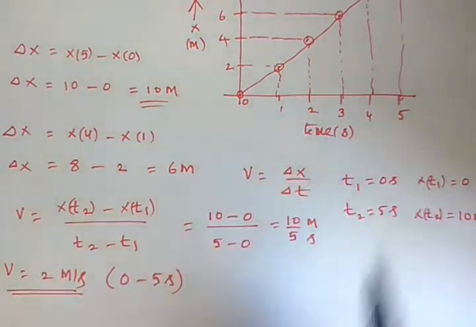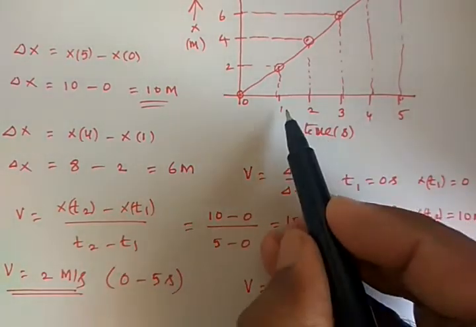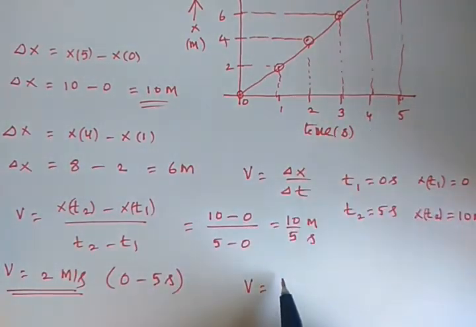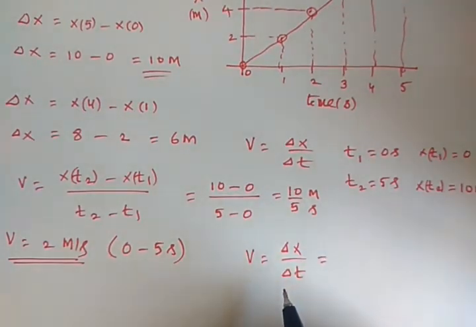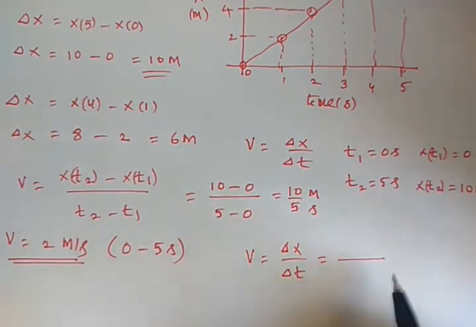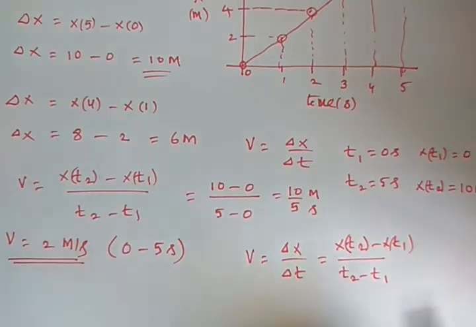The velocity of the body between 2 and 3 seconds is delta x by delta t by definition, where delta x equals the change in position. I am taking average velocity between t equals 2 and t equals 3, so you get x of t2 minus x of t1 over t2 minus t1.